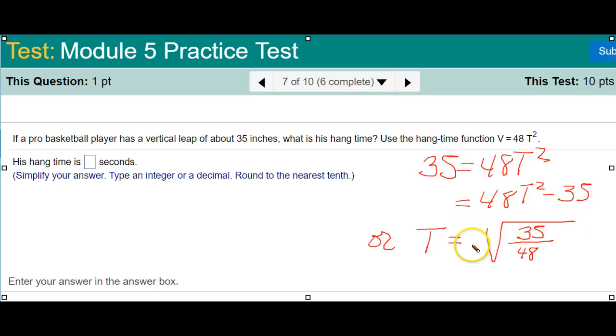We don't need the negative value here. We're only interested in a positive value. And watch, you're going to round to the nearest tenth. So remember, if it's 4 or less, you drop it. 5 or more, you add 1 to get to the nearest tenth.